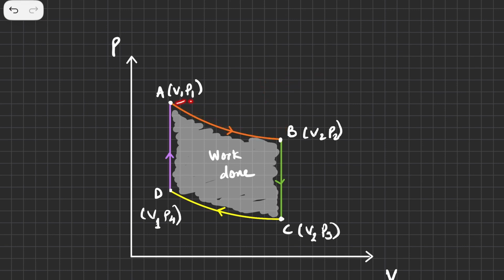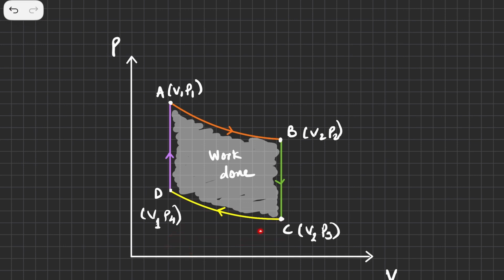Note that the volume is V1 and pressure is P1, then volume is V2 and pressure is P2. From B to C it is a constant volume, isochoric process, so the volume remains constant. That's why you see V2 here and V2 here. However, the pressure reduces. Then from C to D, it's again an isothermal process, but the volume is going to reduce.